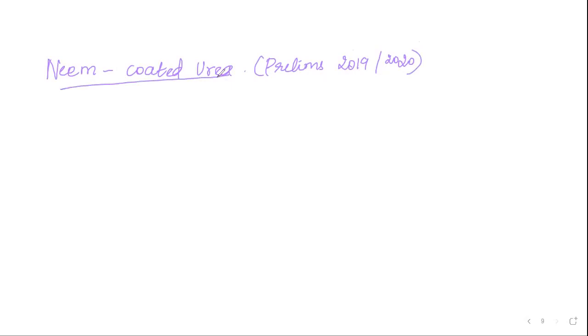The government has taken a number of measures to reduce urea consumption. It introduced, this is the important point, neem coated urea. This was asked in prelims also, if I'm not wrong, in the year 2019 or 2020. Not last year, but 2019 or 2020. So where did we stop?